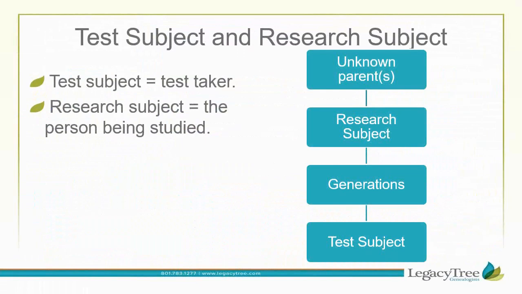In many other cases, outside of unknown parentage or adoption, we're using the test results of a test subject to search for information about someone further in the past. Maybe it's their parent or their grandparent or their great-grandparent. And so using the test results of this test subject, let's say that we're looking for their great-grandparents' parents, they're the test subject's second great-grandparents.